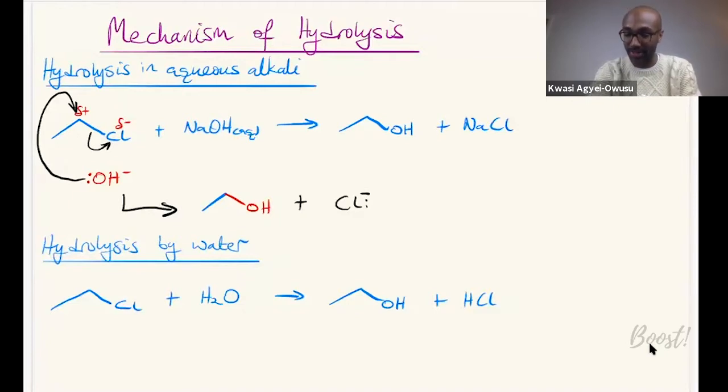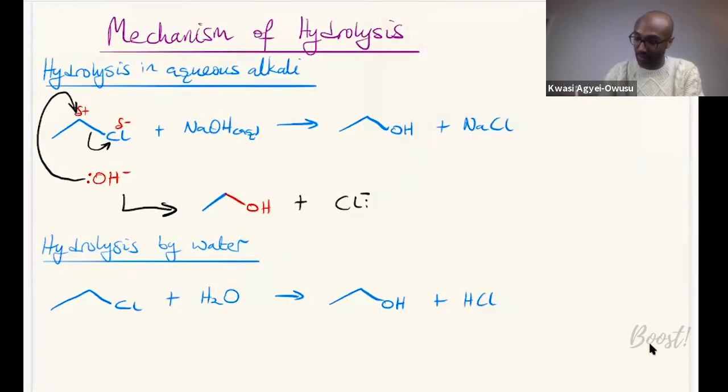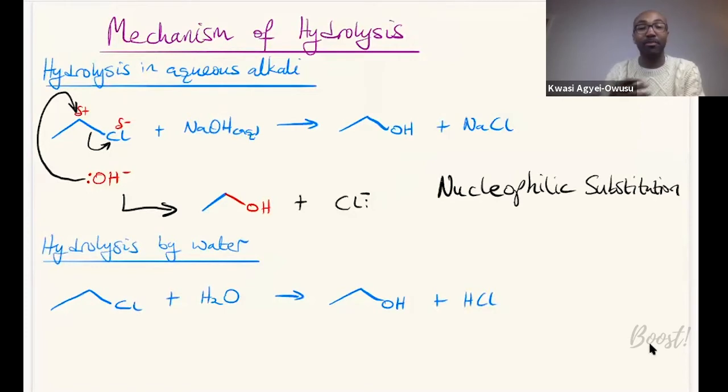Okay, so this is an example of a nucleophilic substitution mechanism, and we can label this as such. Our nucleophile is our hydroxide ion, and it has replaced the chlorine atom, and it has kicked out a chloride ion as our product.